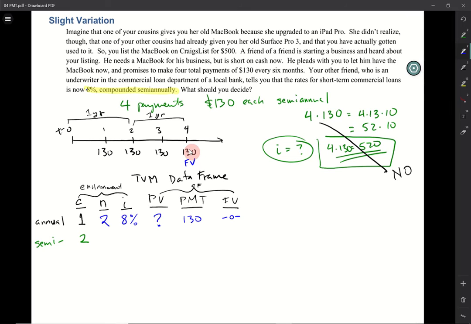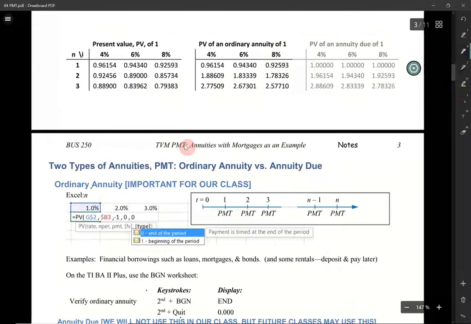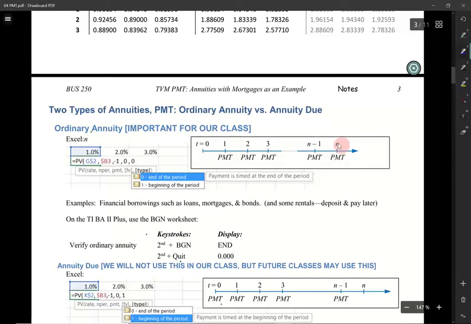But actually, no, I take that back. No, it won't work. You would have to do an annuity of 3, and then you'd have to do an FV of 4. If you do the annuity, it runs until n. So you should really think of this picture where the n time periods, your annuity for an ordinary annuity, there's no cash flow at the beginning, and it runs all the way until the end.